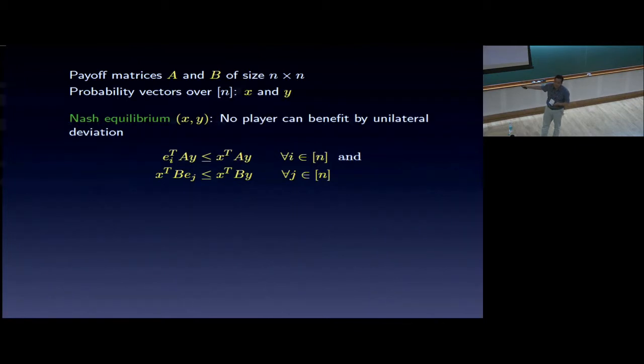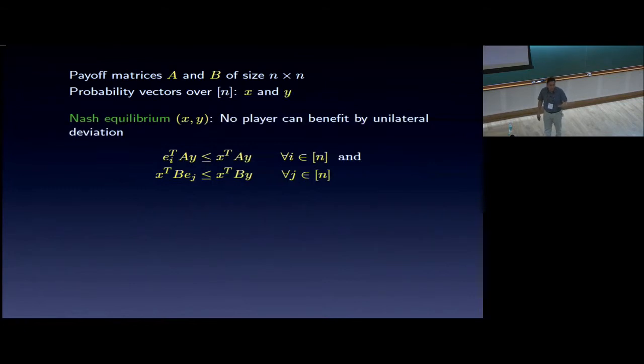EI is the standard basis vector. And this inequality says that in expectation, the first player cannot benefit by this unilateral deviation. And analogously, if the first player continues to play X, the second player cannot benefit by unilaterally deviating to any column or any single action J. So that's the definition of a Nash equilibria.